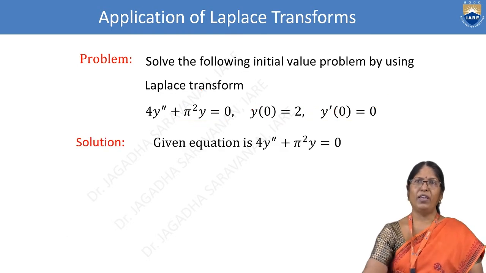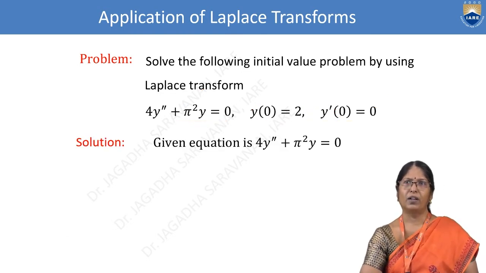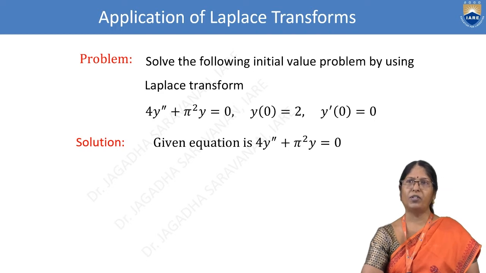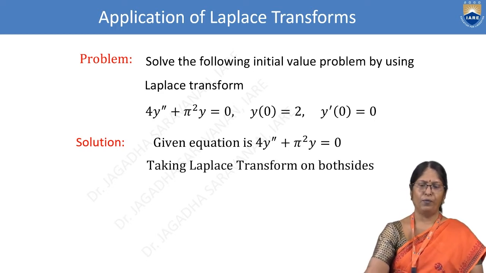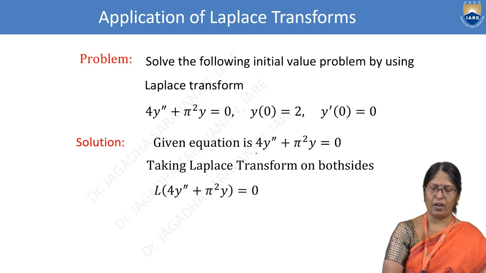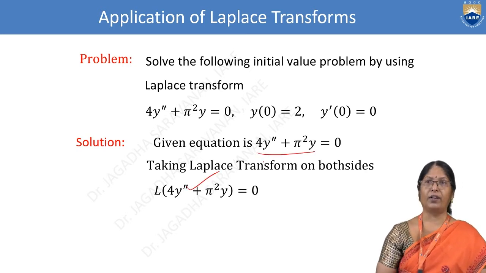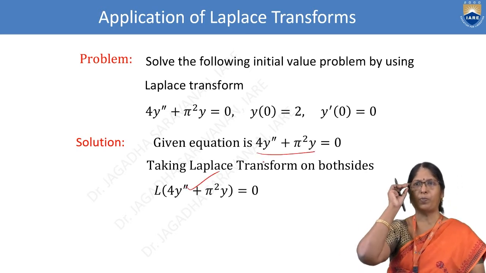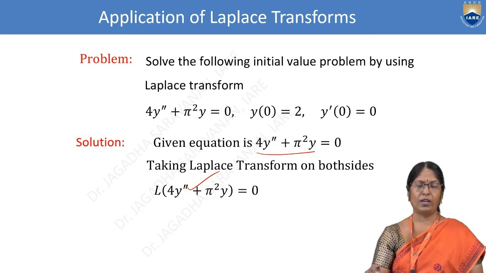Now, the given equation is 4y double dash plus pi square y equal to 0. We are going to take Laplace transform on both sides. So L of 4y double dash plus pi square y equal to L of 0.